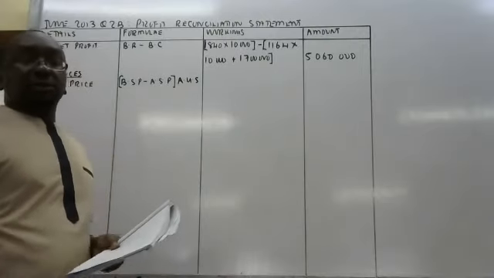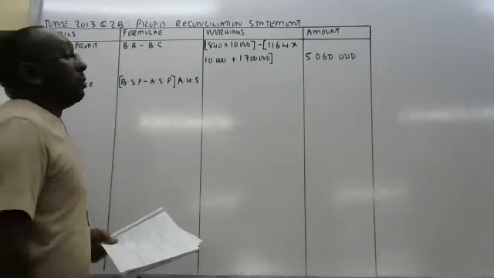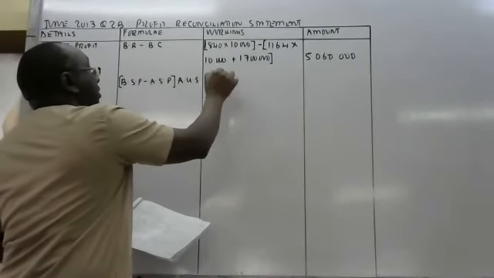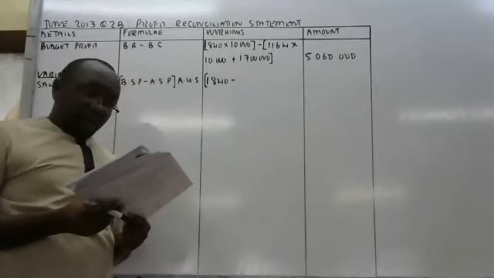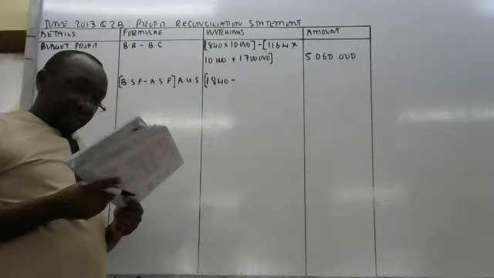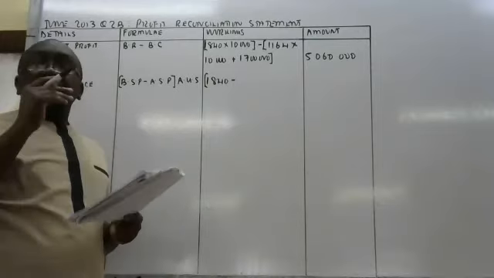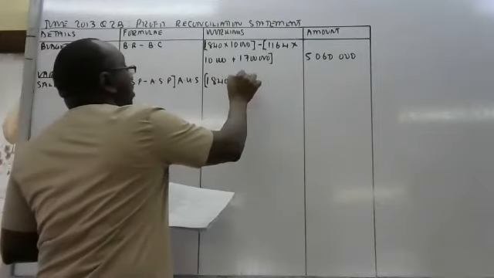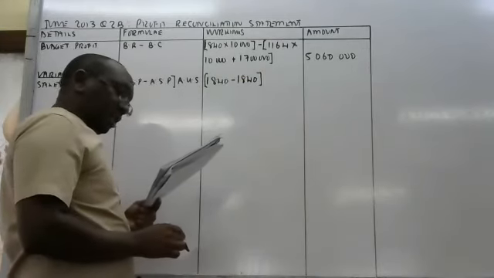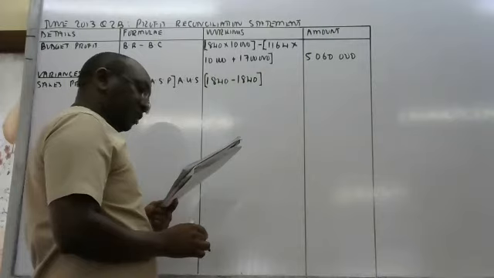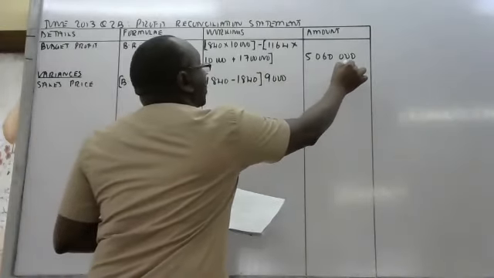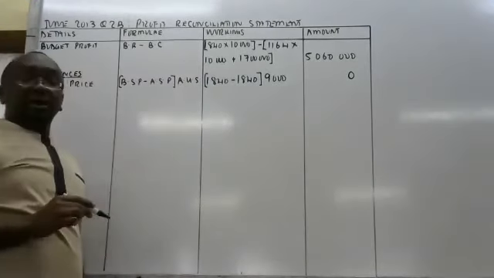The budget price, we already know, is 1840. Minus the actual results, information 4, it is 1840. And the units that were sold, according to information 2, were 9,000. So that gives us a variance of 0.